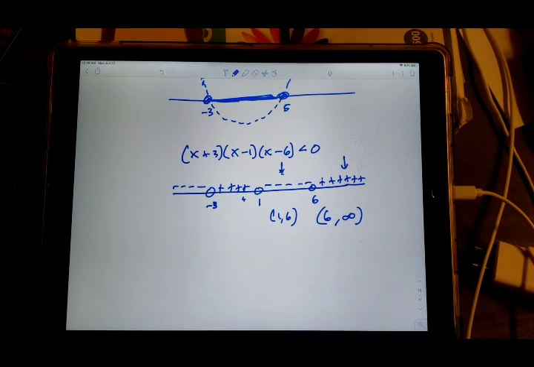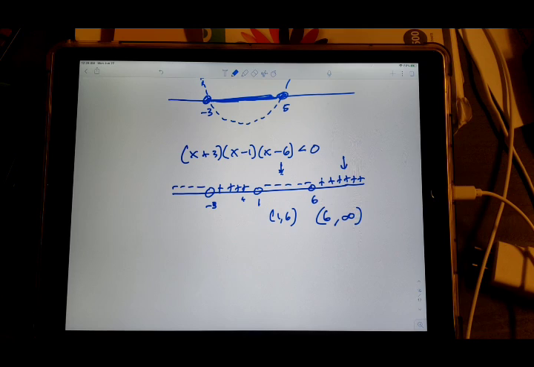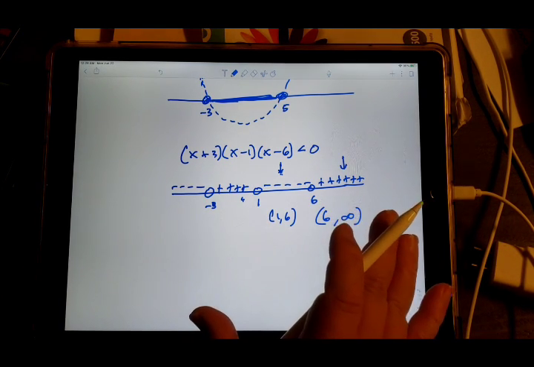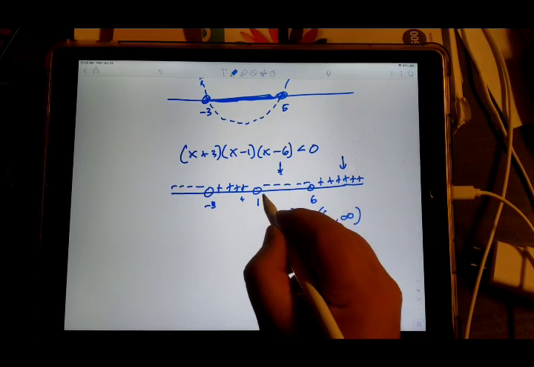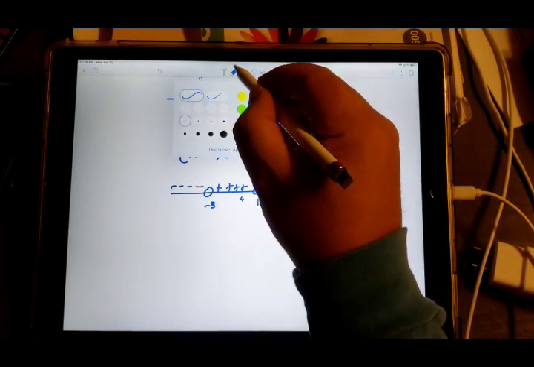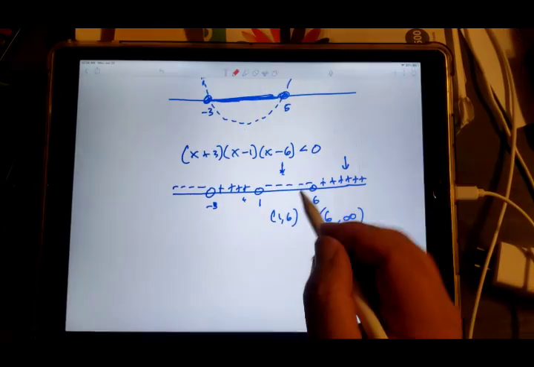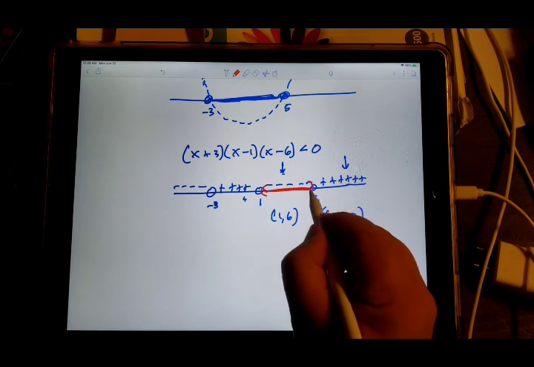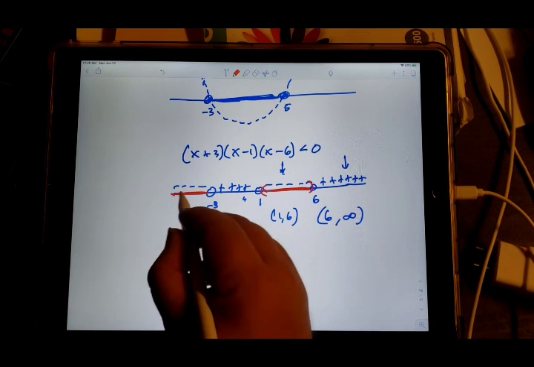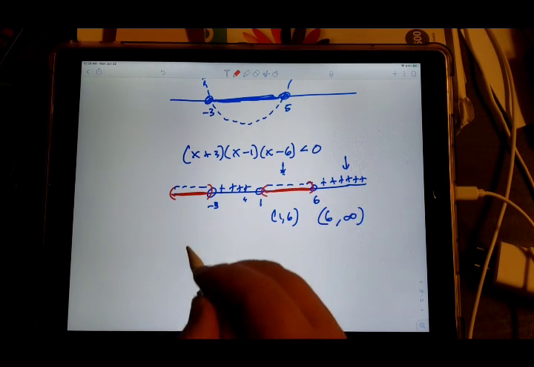And we could test the last one, but the point is, I'm not really graphing. As a matter of fact, this is almost a graphing technique that we'll use later. But I know when the expression is negative: here, it's negative, and here, it's negative.